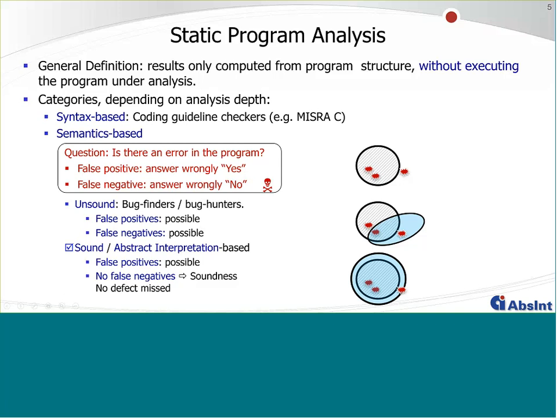So this is a bit shown here. Which means they report something, it may be true, maybe not true, and they might miss some defects. The advantage of sound tools, which are based on this abstract interpretation method, is that in this case there will be no false negatives, and this can be mathematically proven, which means that false positives can still happen, but it's not possible anymore to have undetected defects.